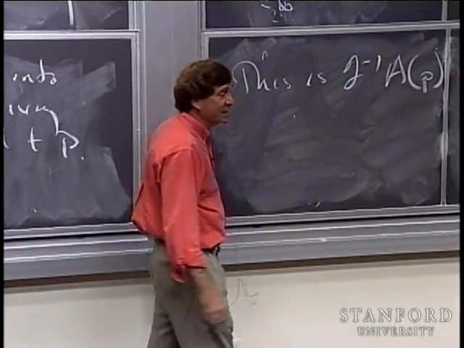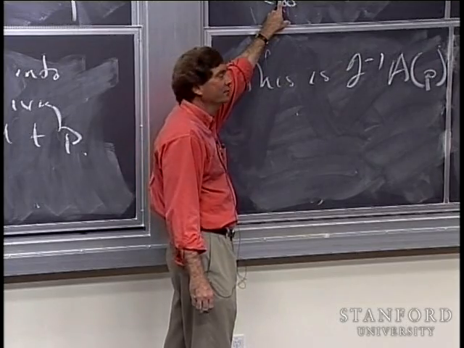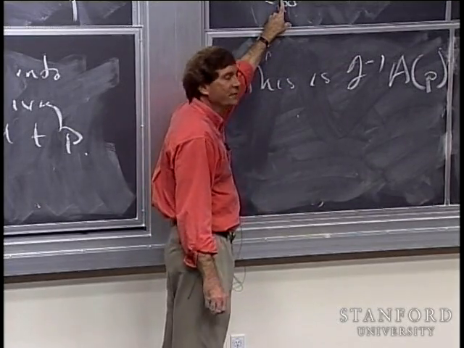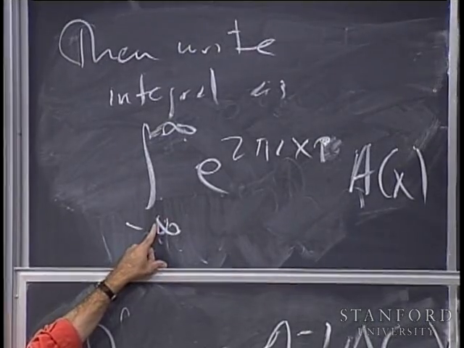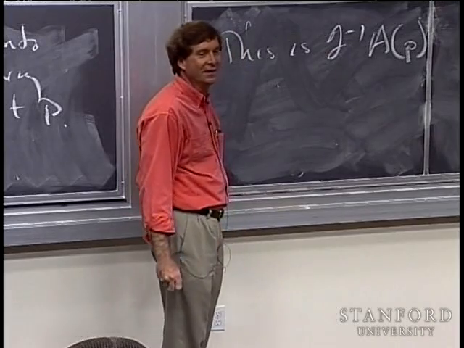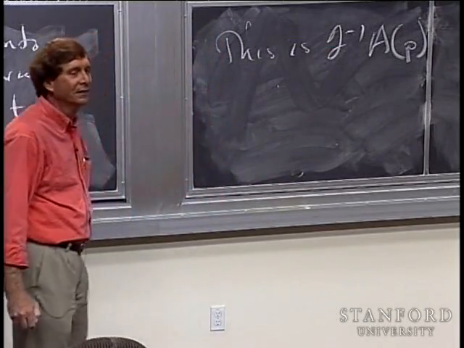Well, in physics, it's more common to define this as the Fourier transform, and the integral with a minus sign is the inverse Fourier transform. So if you were in physics and somebody wrote down this formula, they wouldn't say it's the inverse Fourier transform of the aperture function. They would say it's the Fourier transform of the aperture function. As far as I know, this may be the reason in physics why they use that particular convention for the Fourier transform. I don't know if that's true or not, but it is a reason for it.